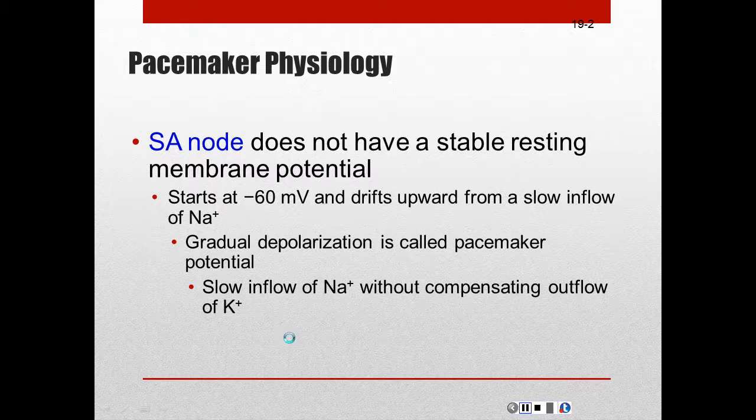Now the slow drift results from a very slow influx of sodium without a compensating outflow of potassium. So now we're having sodium being pushed in, but we don't have enough potassium coming out.